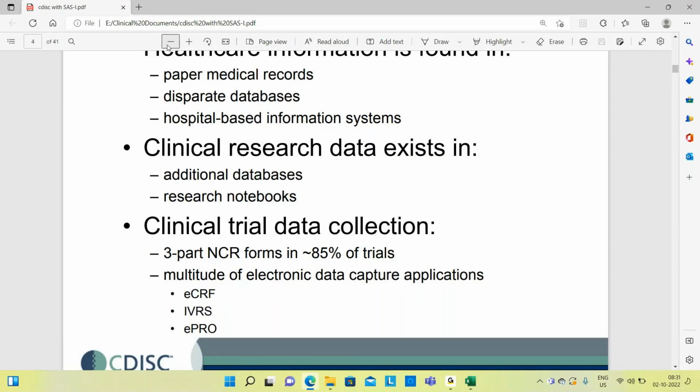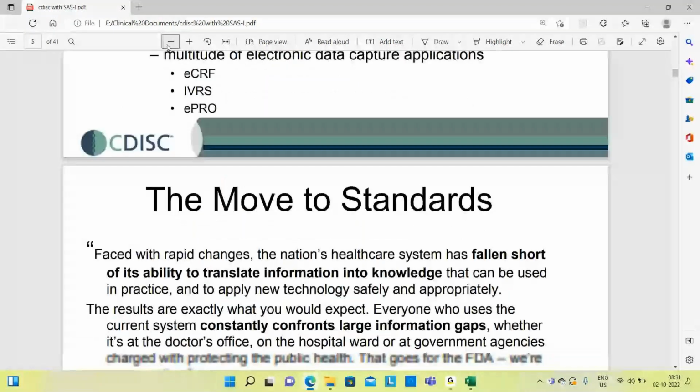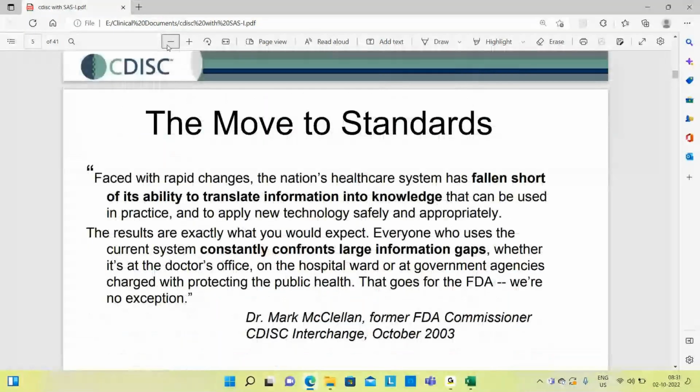Okay, right. So the move to the standards. I want everyone to read this one. So why are standards important?